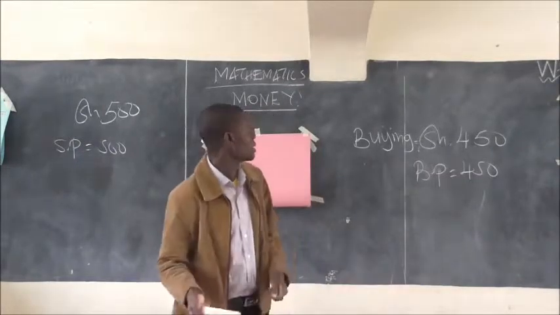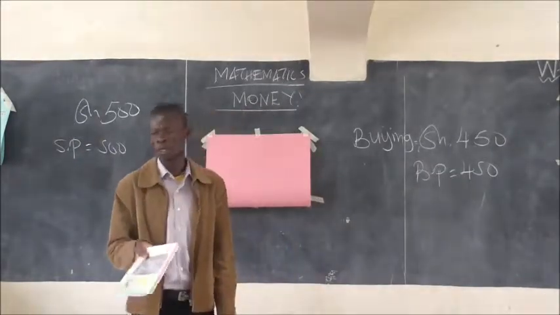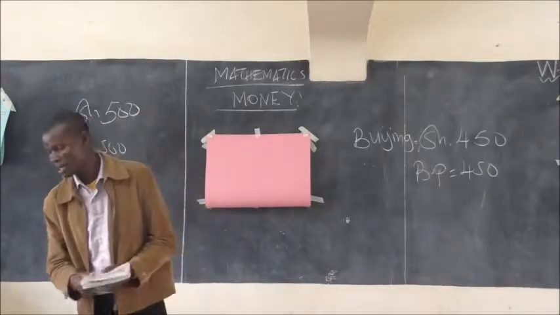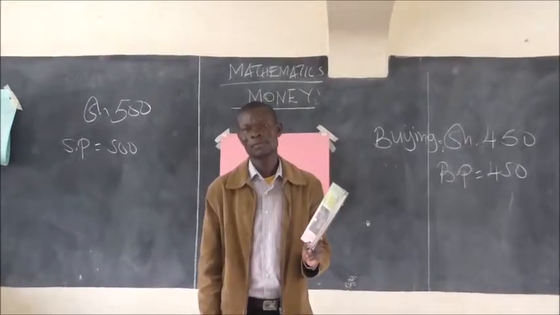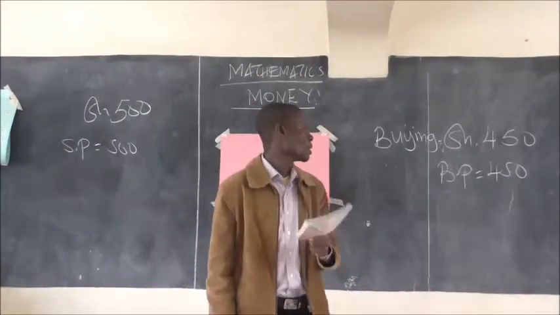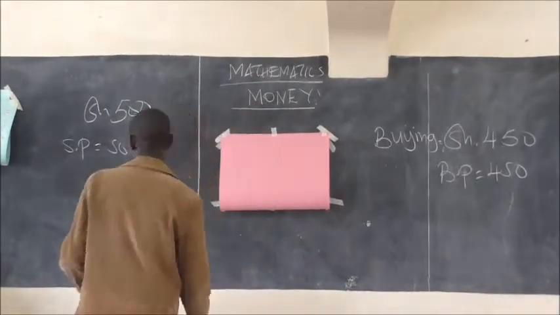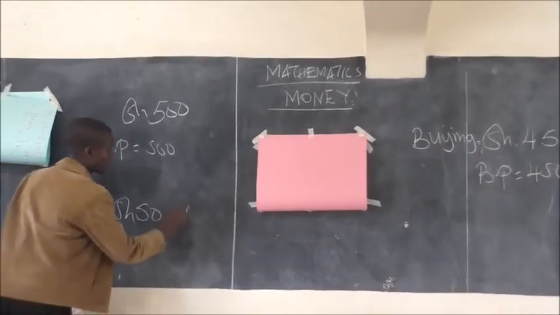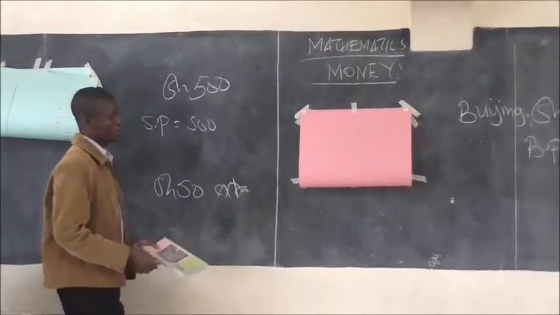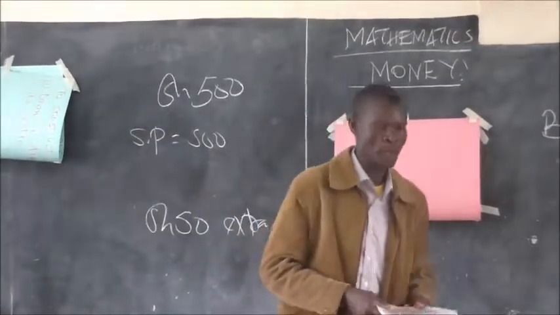Now, how much money did he make from this book? How much money did the retailer make from this book? Good. He was able to make 50 shillings extra from the money he paid.